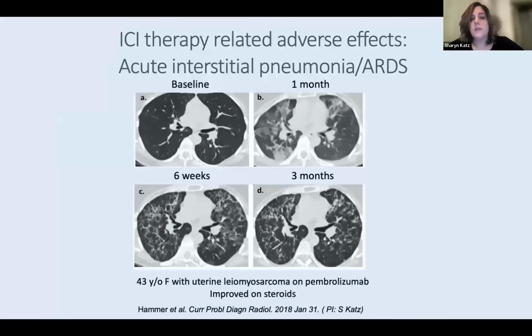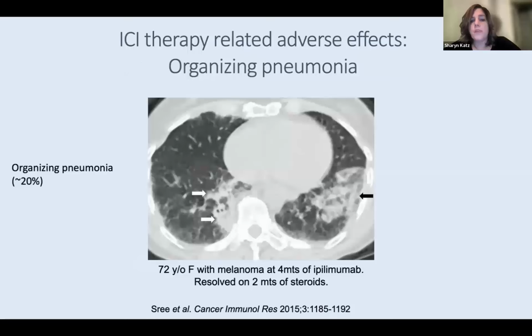About 10 to 20% of these cases don't conform to a specific pattern, but many do have a peripheral basilar predominant or parabronchial distribution, or a consolidative appearance to suggest organizing pneumonia, but again, bilateral. It's not conforming to a radiation zone.